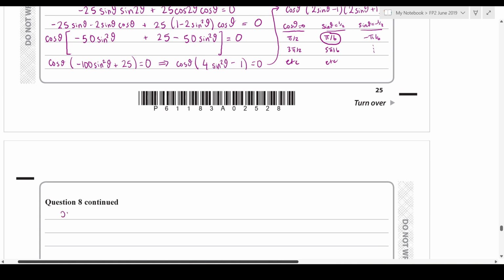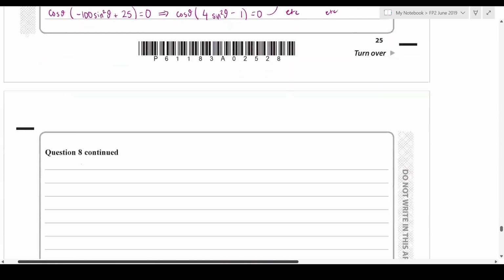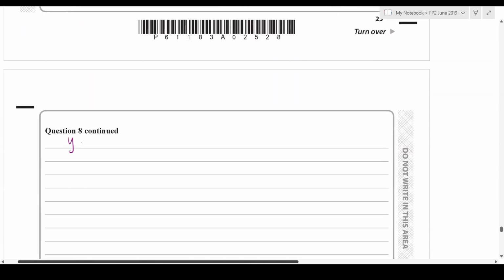So remembering that y is our sine theta, and we're choosing theta as pi over 6, r squared was 25 cos 2 theta, and sine of pi over 6 we can work out. That gives us a half, which I should have realised from the question.